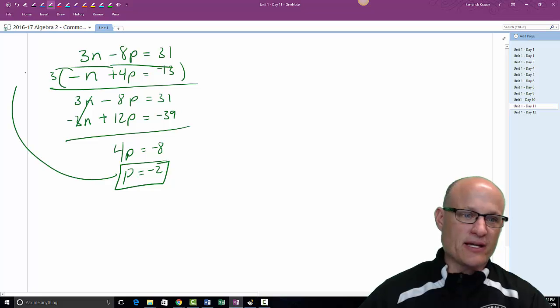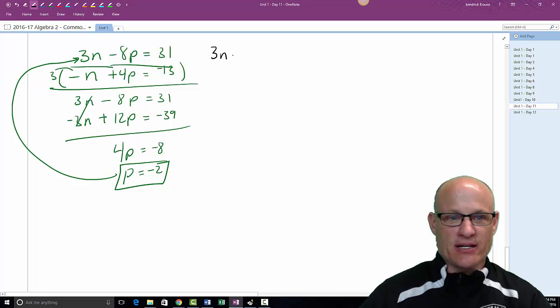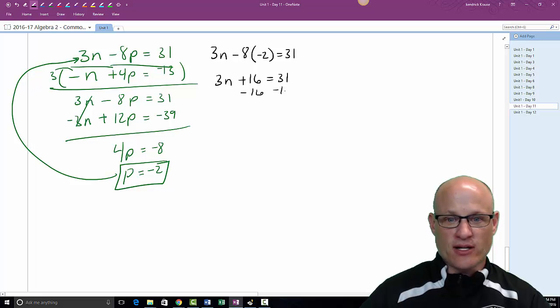Now I'm going to plug this back into this equation just to find what n is. So 3n minus 8 times negative 2 equals 31. So 3n plus 16 equals 31. Subtract 16, subtract 16.